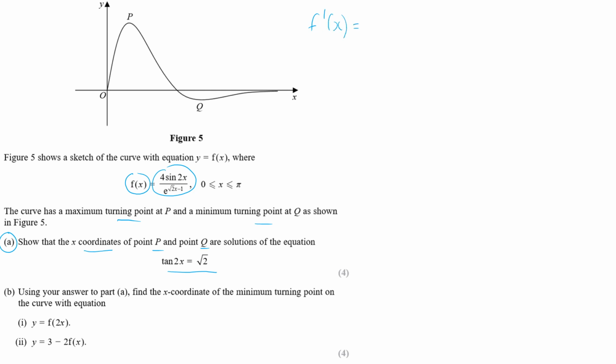we need to differentiate to find max and min. I remember the quotient rule as bottom, which is e to the root 2x minus 1, differential of top. Now differential of sine is cos. The 4 is just going to join in. The 2 is going to come and multiply by the 4 by the chain rule, and that's going to give us 8 cos 2x.